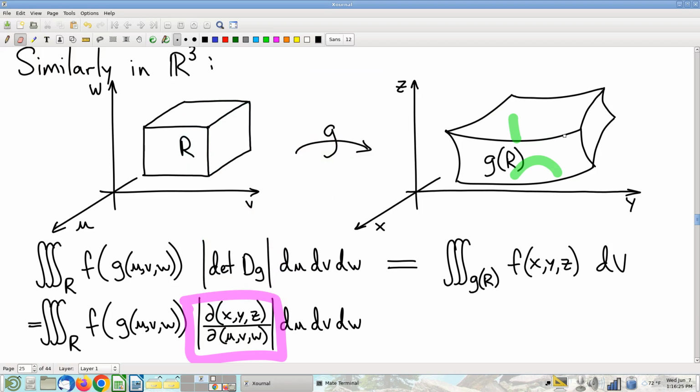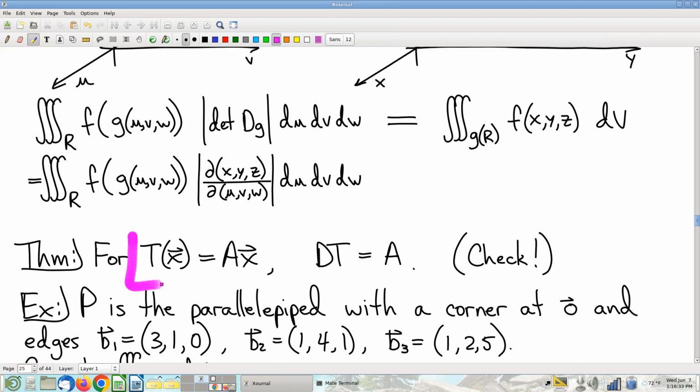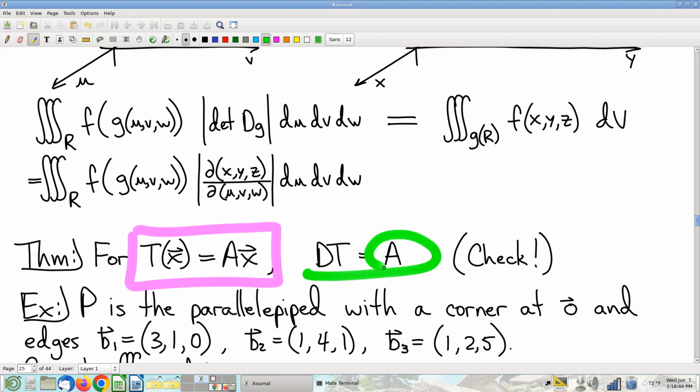Okay, so how do we use this? I'm going to start with a quick aside, and that is when you have a linear transformation represented by a matrix, surprisingly, the derivative of that linear transformation is represented by the exact same matrix that represented the transformation itself.